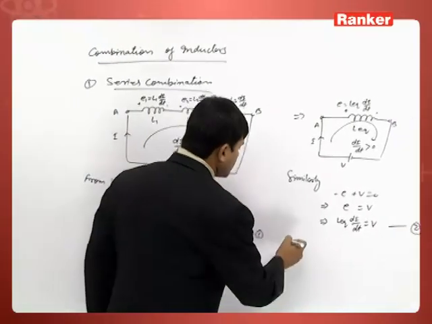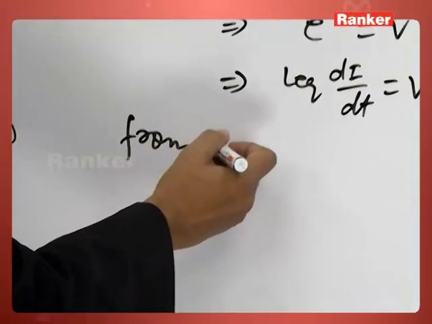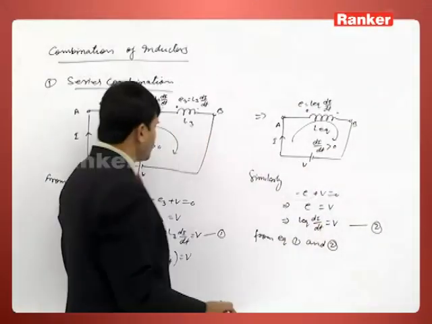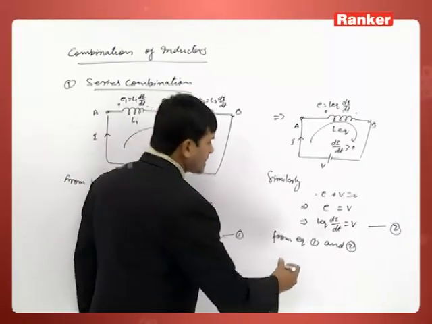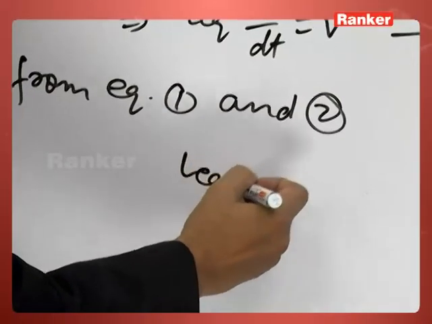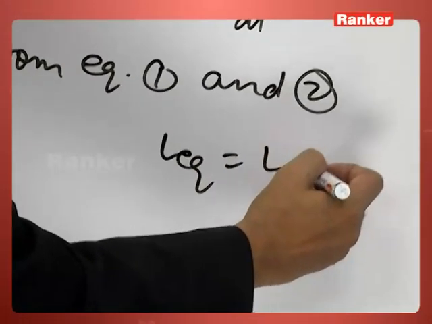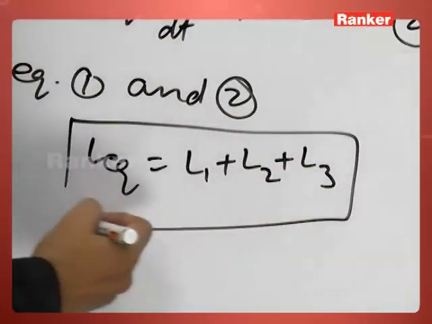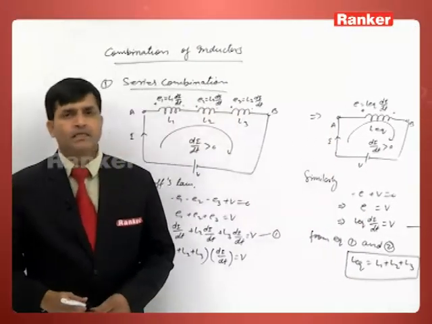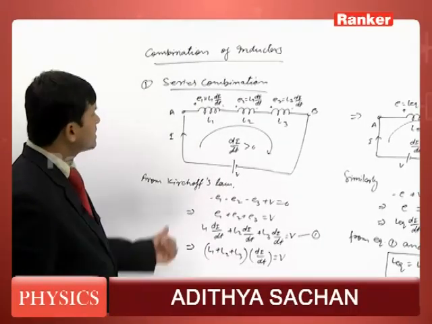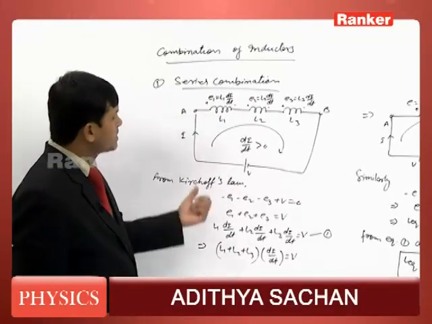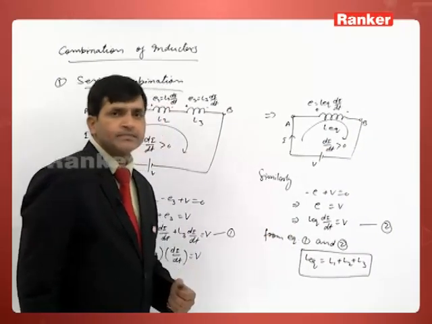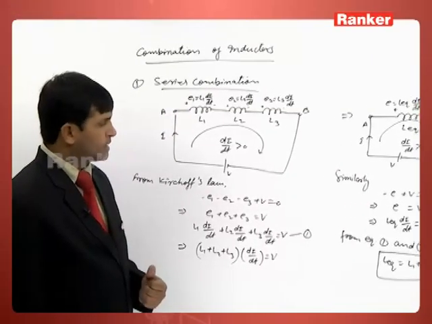Now from equation 1 and 2, we can write L equivalent is equal to L1 plus L2 plus L3. This is the value of L equivalent. So when the inductors are connected in series, the effective value of self-inductance is L1 plus L2 plus L3.